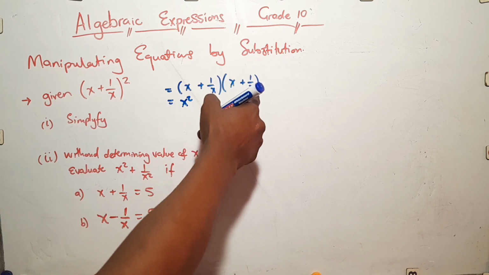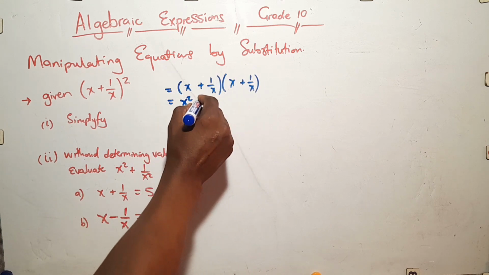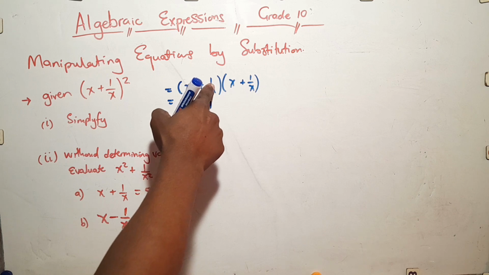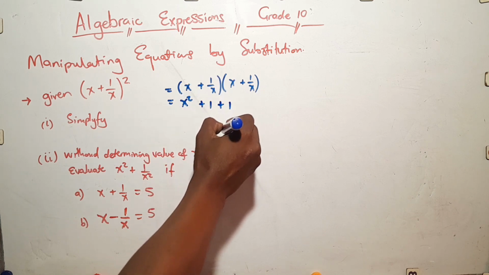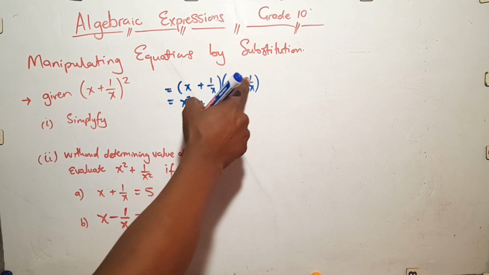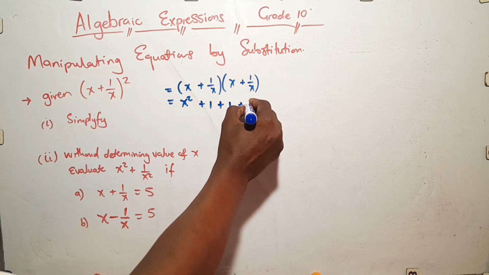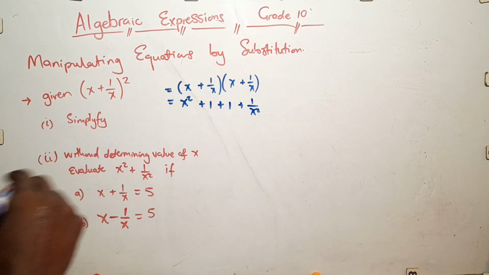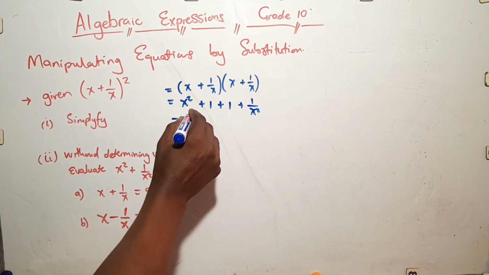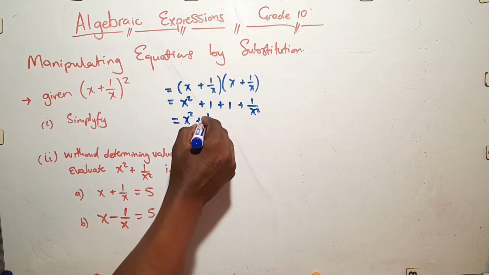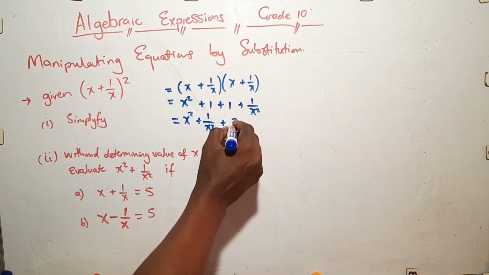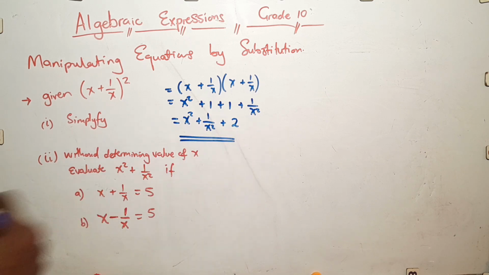X multiplied by 1 over x, x and this x will cancel and we are going to be remaining with 1. And this multiplied by that, the same thing is happening. We are going to remain with 1. And this multiplied by that, this will give us 1 over x squared. So this is equivalent to x squared plus 1 over x squared plus 2. So we have simplified like that.